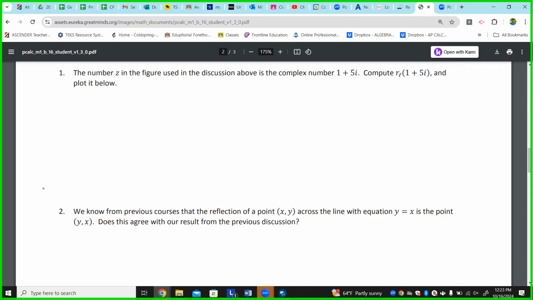All right, so in this exercise here, it's now telling you what z was. It was 1 plus 5i, right? So there's a few processes here. Do I need to show you?